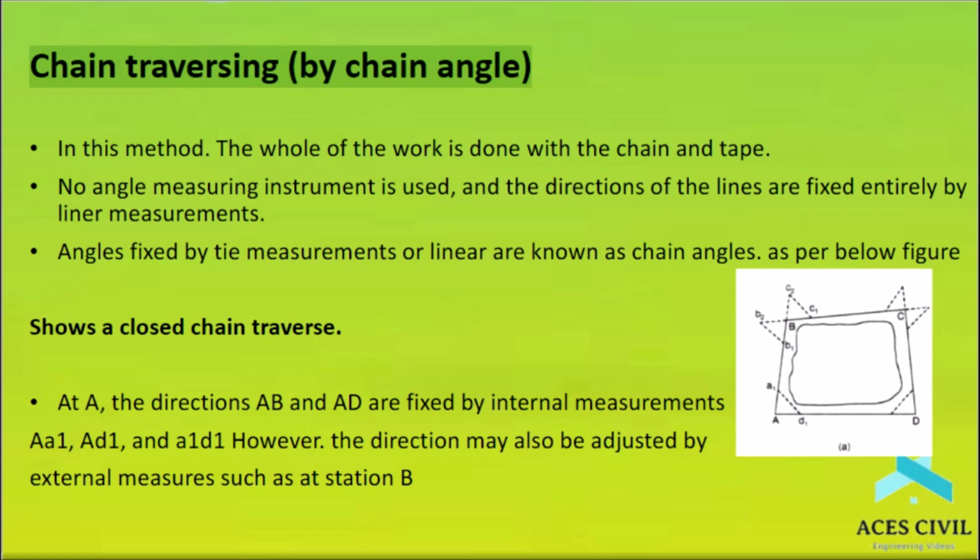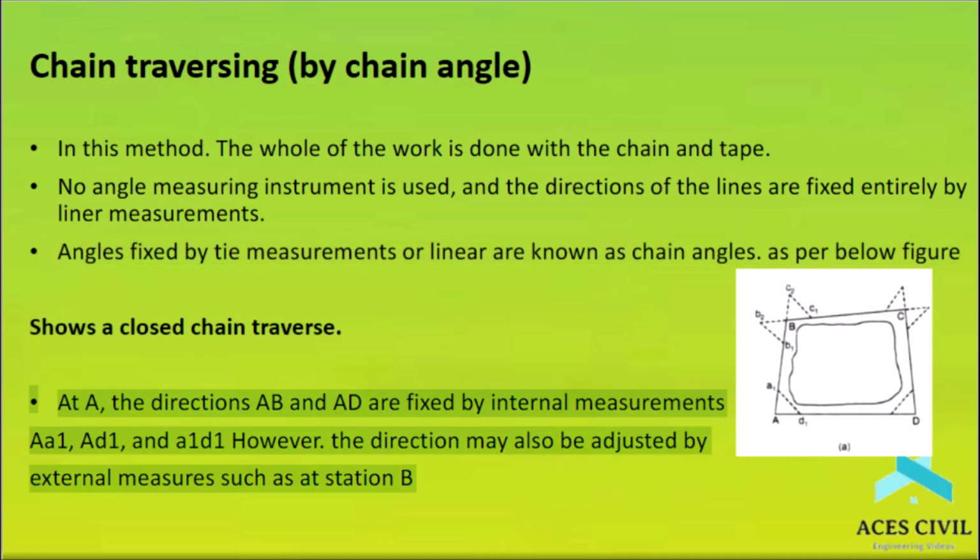Chain traversing, by chain angle. In this method, the whole of the work is done with the chain and tape. No angle measuring instrument is used, and the directions of the lines are fixed entirely by linear measurements. Angles fixed by linear measurements are known as chain angles. The figure below shows a closed chain traverse.